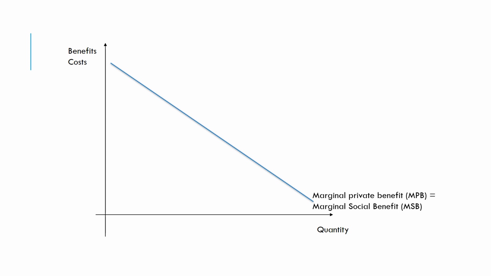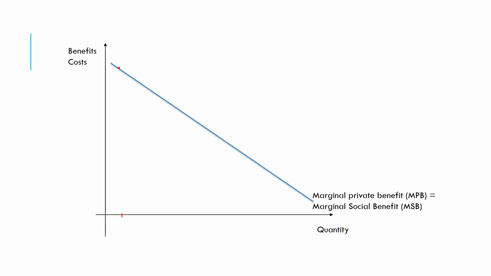So what this shows us is that for the first unit produced, we have quite a high benefit to the consumer or the producer of that particular unit that's being produced. It's the first one. If you imagine that here we're talking about chopping down trees, for example, the first tree that we chop down, people are likely to attach a high value to that. It's likely to be able to command a high price.